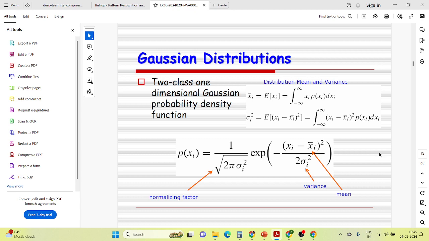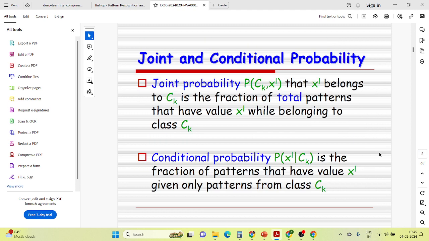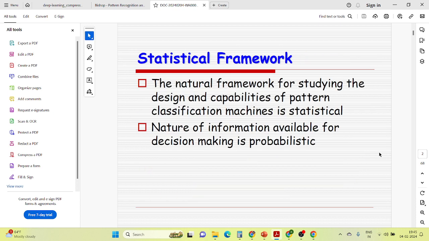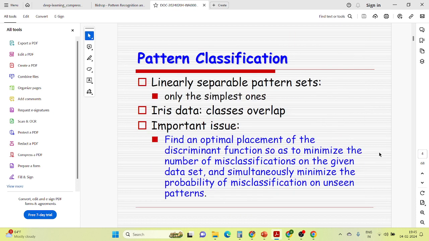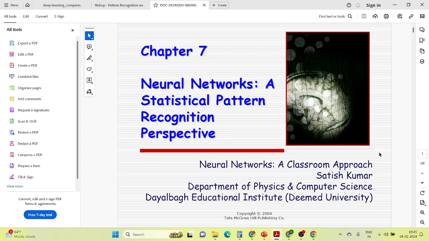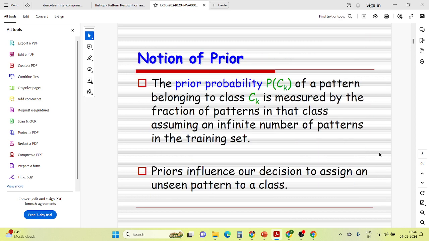So here it is. Where do I start? This is a slide from somewhere. Satish Kumar.